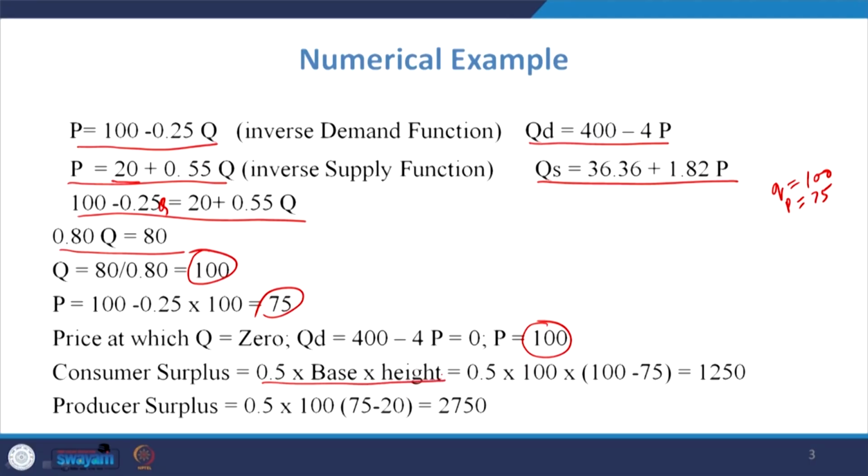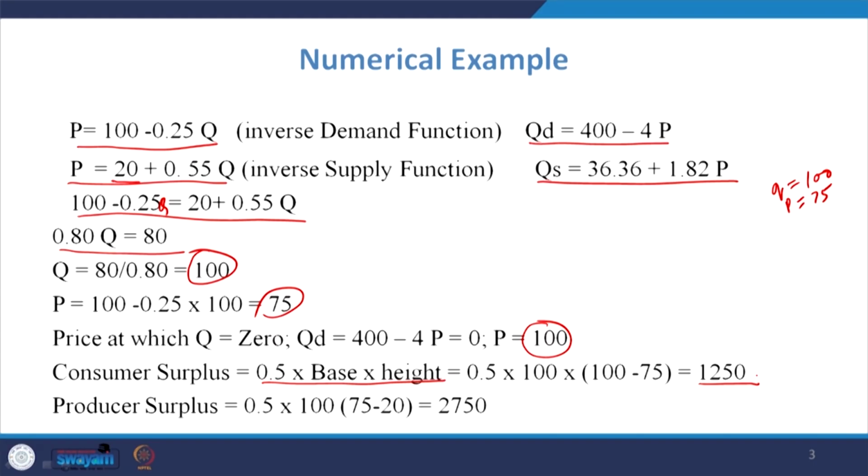So, 1 by 2 equal to 0.5. So, 0.5 multiplied by 100, then 100 minus 75 equal to 1250. So, consumer surplus here is 1250.